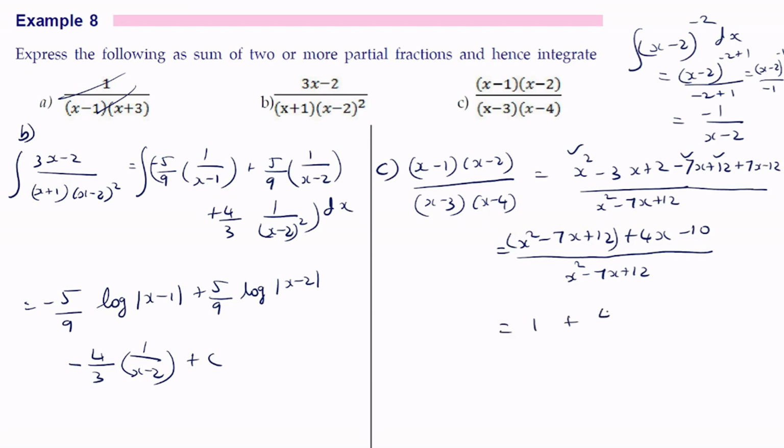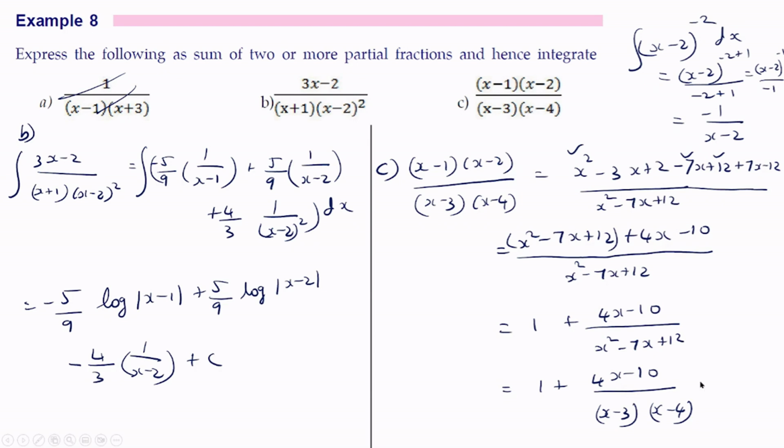So we will get 1 plus 4x minus 10 upon x square minus 7x plus 12, which is nothing but x minus 3 into x minus 4. So here we are having an improper rational function. We are writing it as sum of a polynomial and a proper rational function. Now we can find the partial fraction decomposition for this proper rational function.